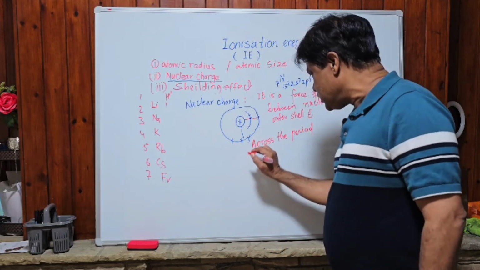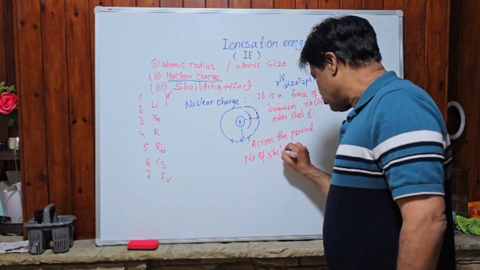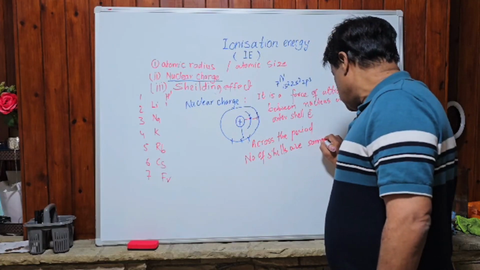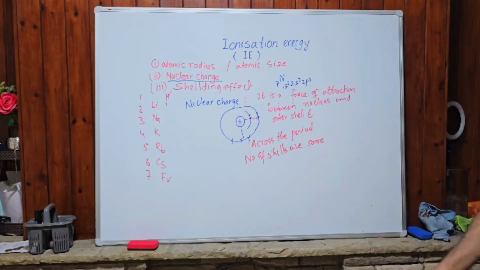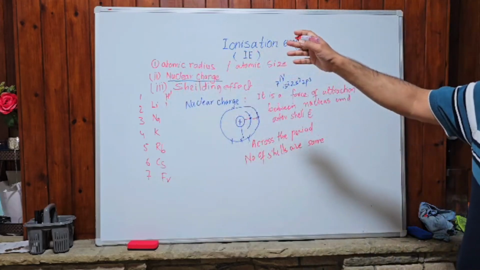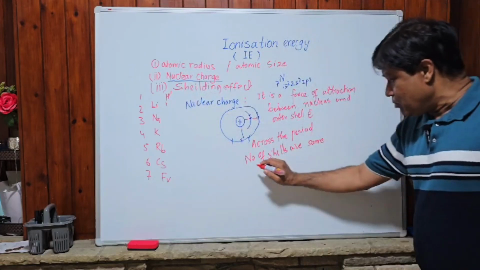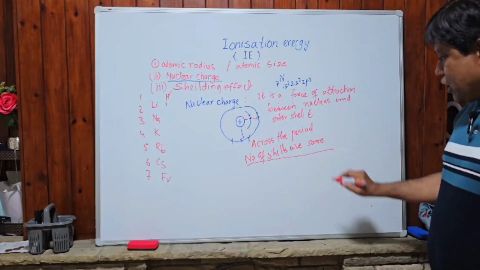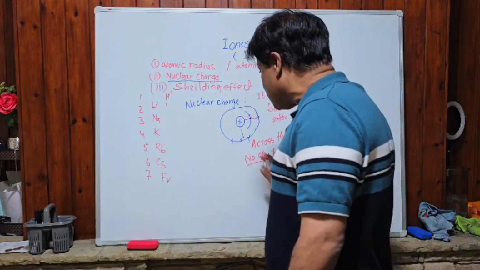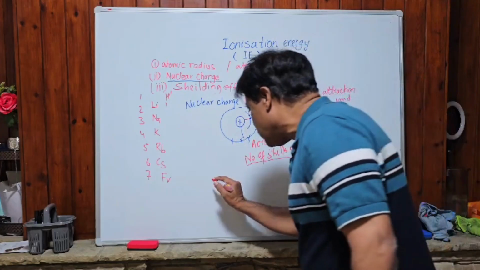What happened to the number of shells across the period? Same. But when we move down the group, the number of shells increases, or the distance between the nucleus and the outer shell increases. Here, the number of shells is the same, but the number of electrons increases and they are present in the same shell.